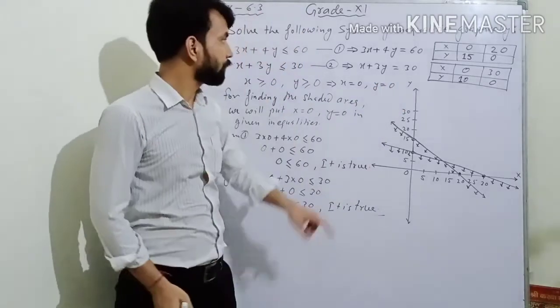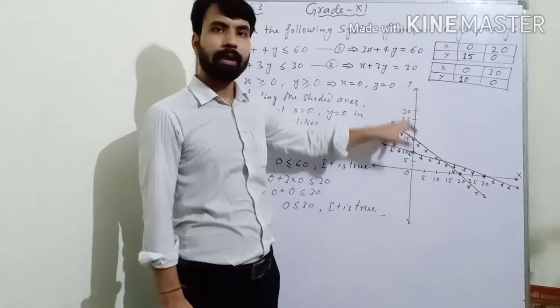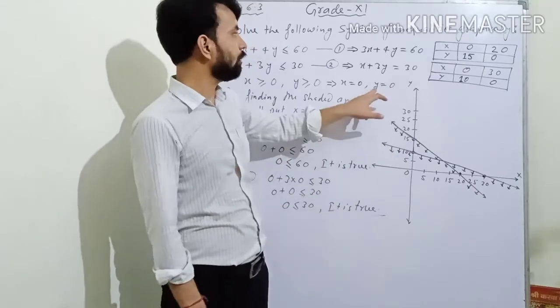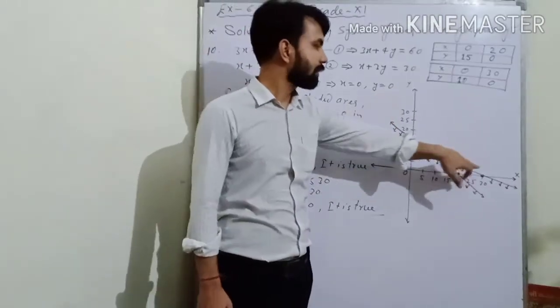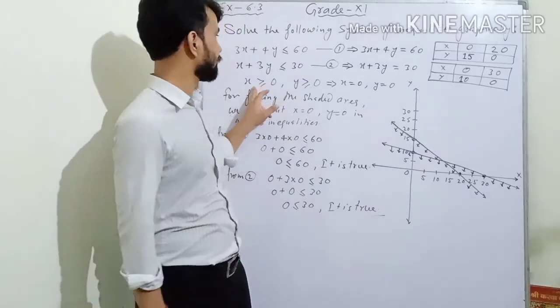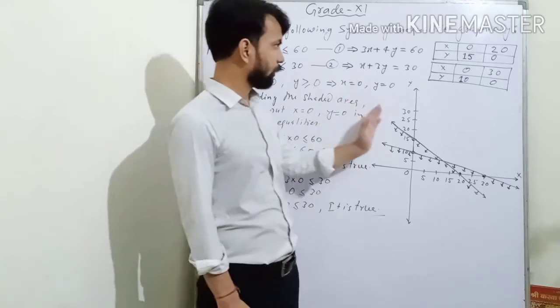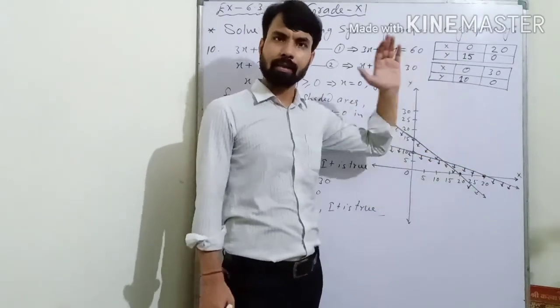And we know that x equal to 0 is the y-axis, so it is already drawn there, and y equal to 0 is the x-axis, which is also drawn there. So there is no need to plot the graph for x greater than or equal to 0 or y greater than or equal to 0. This is simply denoted by the y-axis and x-axis.